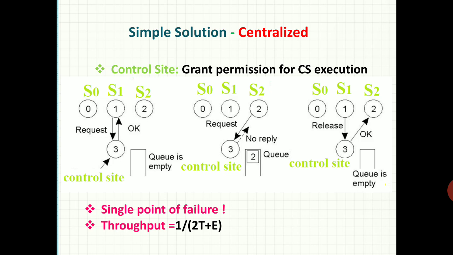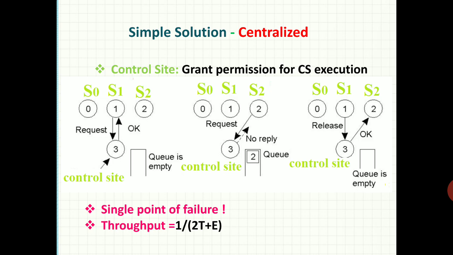So the failure of the control site will lead to the failure of the whole system. Also, the load associated with the control site may be extra work. That is, we are randomly selecting one of the sites as the control site, so the load associated with that particular control site may increase.